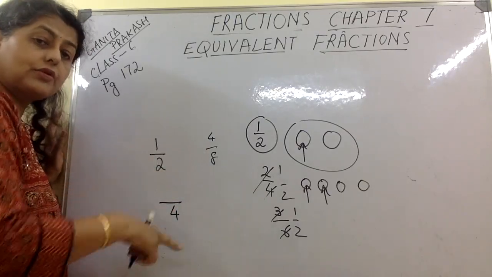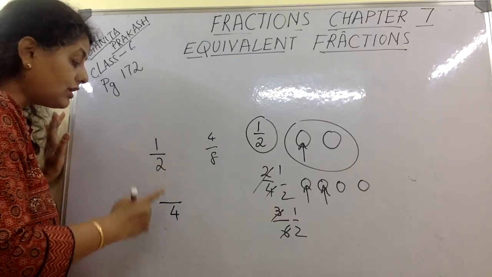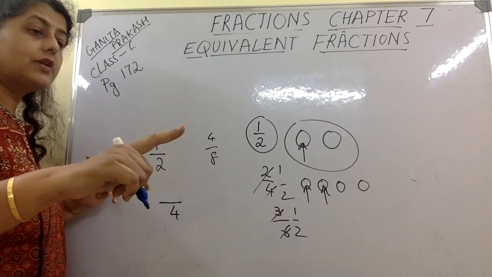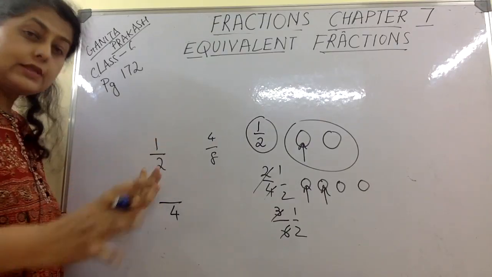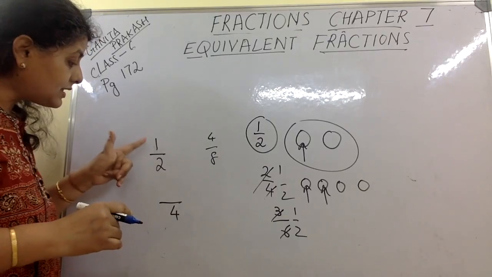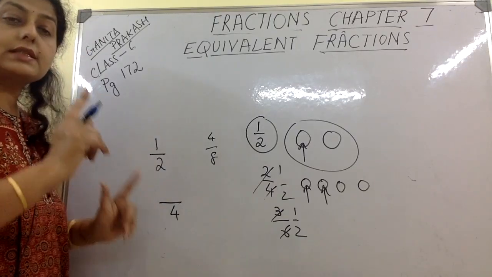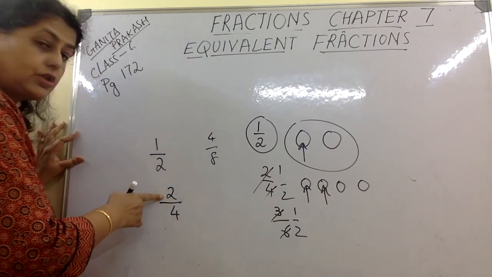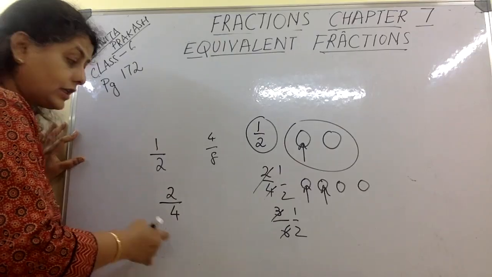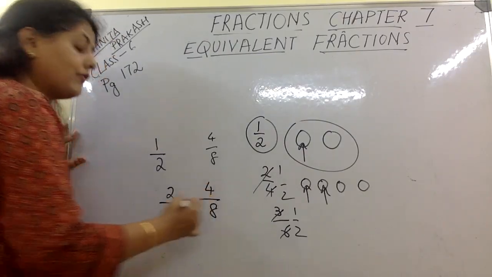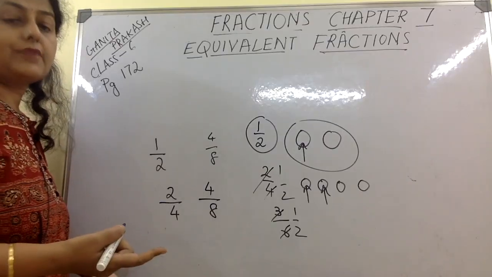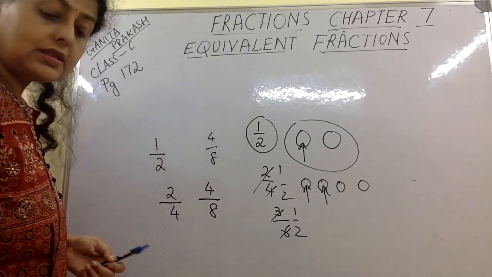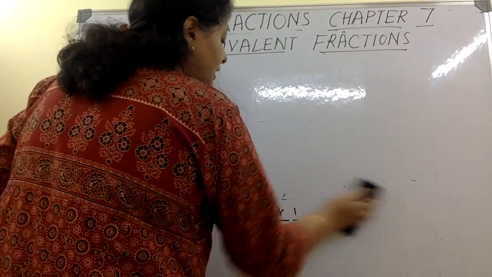You can take any number of cups, you can make as big a cake as you want, but you have to keep the fraction the same. So here sugar has to be 2, so that finally it comes to half. You want 8 cups of flour, then take 4 of sugar. This is an equivalent fraction. That means the fraction actually remains the same, the numbers change. So in this chapter we are going to do equivalent fractions.